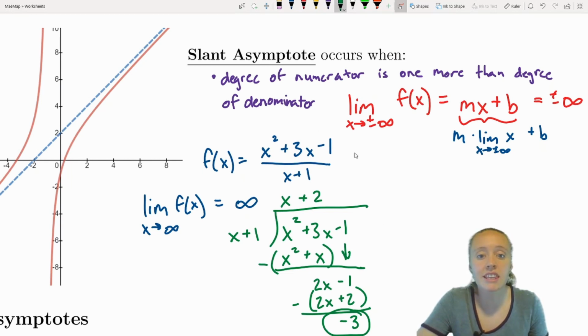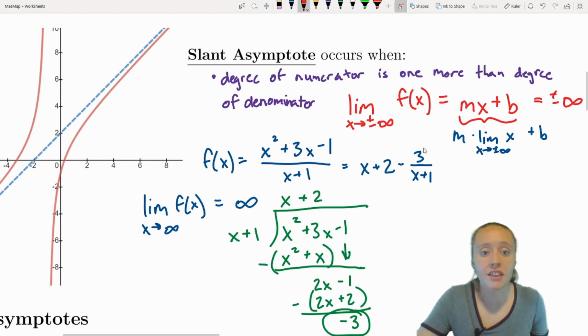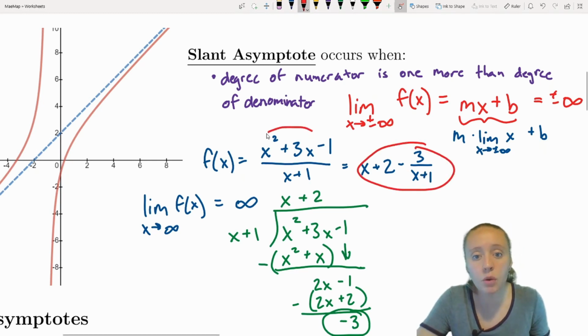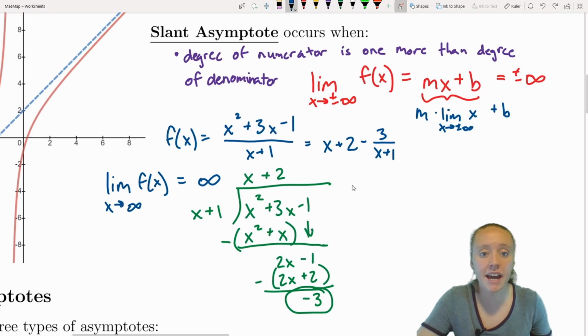So rewriting this function, I'm going to get x plus 2 plus negative 3, so I'll subtract 3 over what I divided by, which was x plus 1. So you can see this is equivalent to my function. So if I take the limit of this, you'll see that slant asymptote.